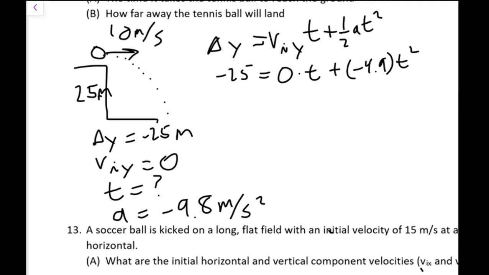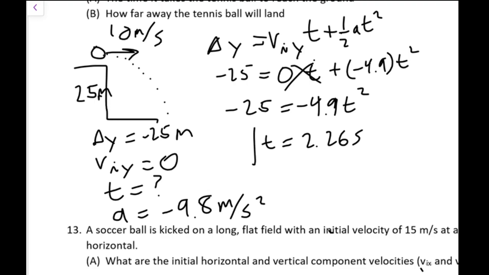Now the 0 times time cancels out. And so I'm just left with negative 25 equals negative 4.9 t squared. I can divide by negative 4.9 on both sides and then take the square root. And you get t equals 2.26 seconds. So that's the time it takes to reach the ground.